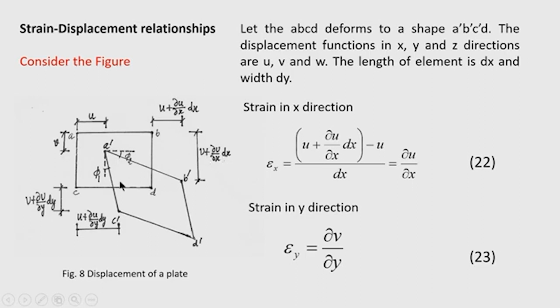Okay. Similarly, if I show the displacement of the corner point C, the two components: one along the x direction is written as u + ∂u/∂y dy, and another component in the vertical direction is v + ∂v/∂y dy.